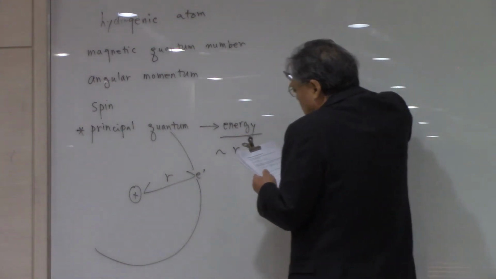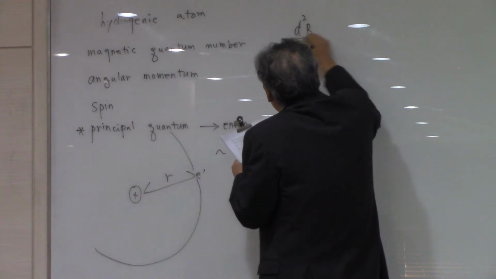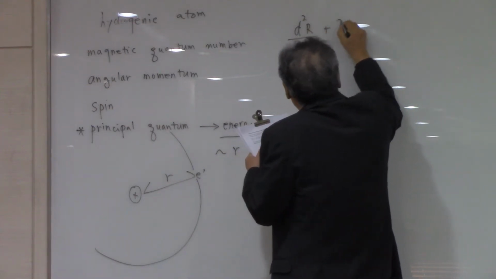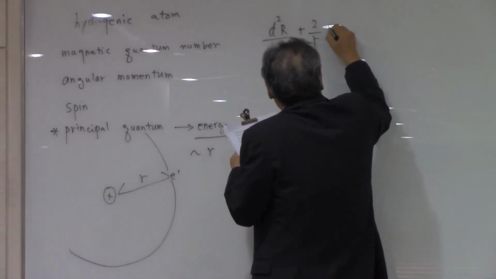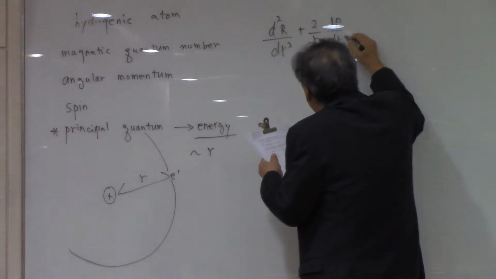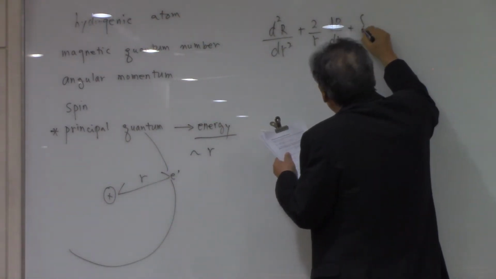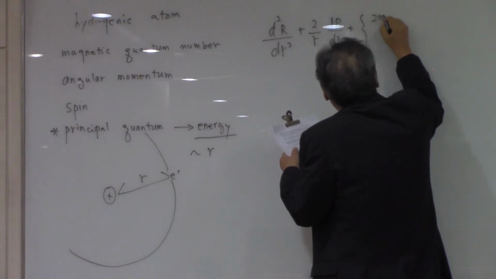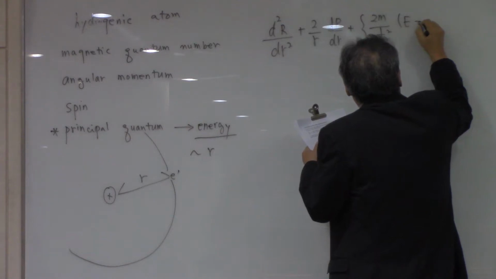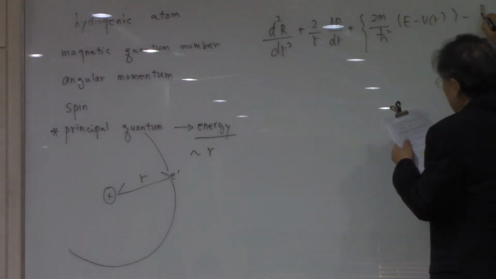And this quantum number is a solution of the equation that we discussed the last time. In the separation of variables, we have three equations, and among those three equations, we can get the equation related to the principal quantum number.